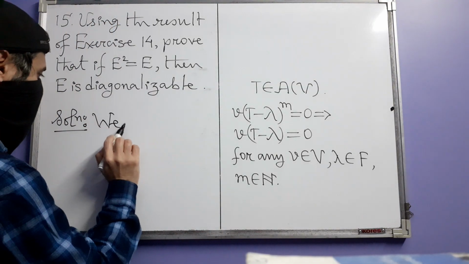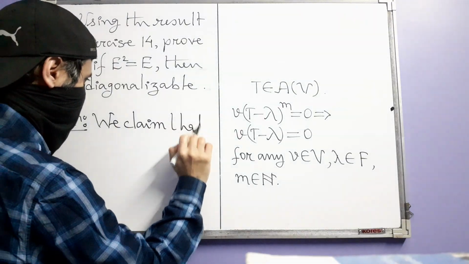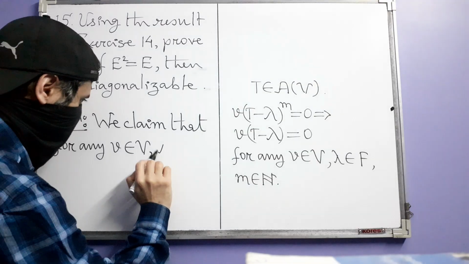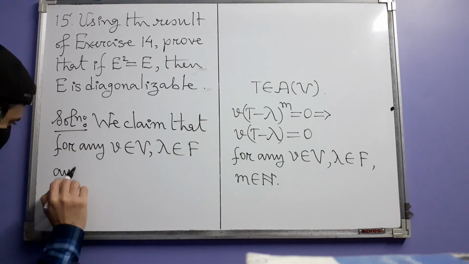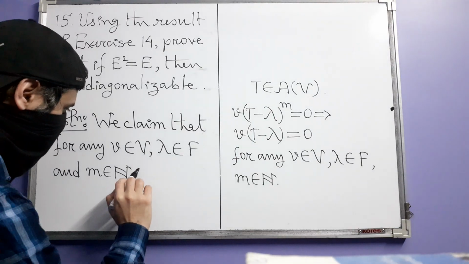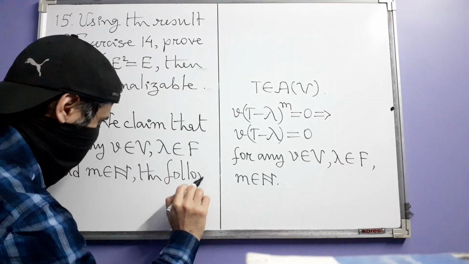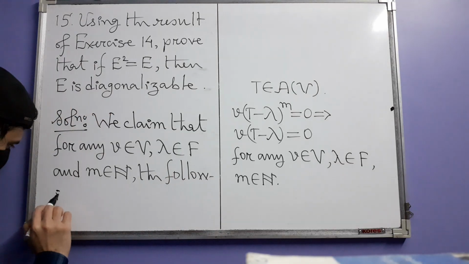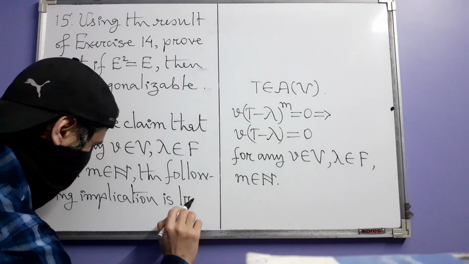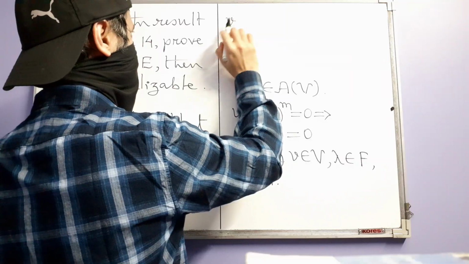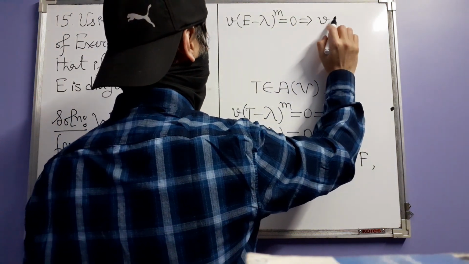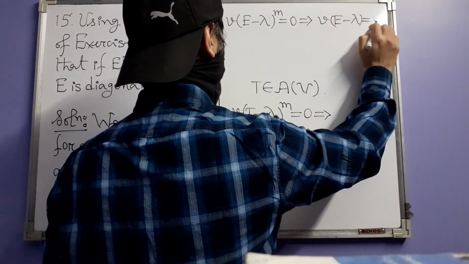We claim that for any vector v, any scalar lambda, and any positive integer n, the following implication is true: v(E minus lambda)^n equal to 0 implies v(E minus lambda) is equal to 0.